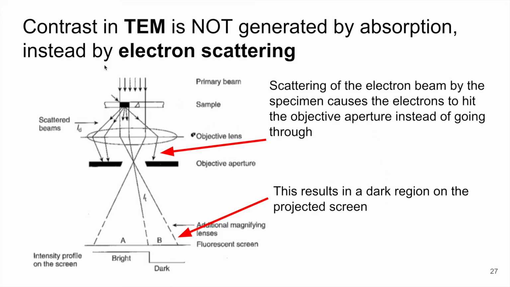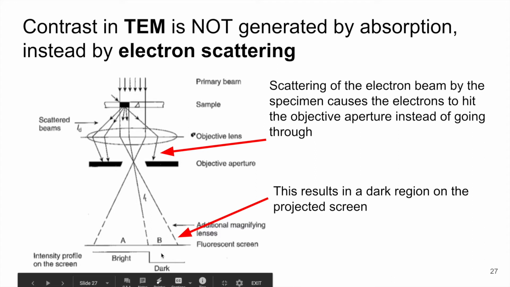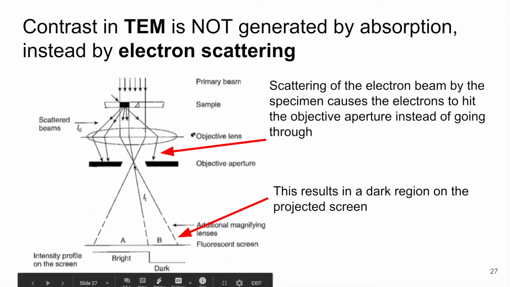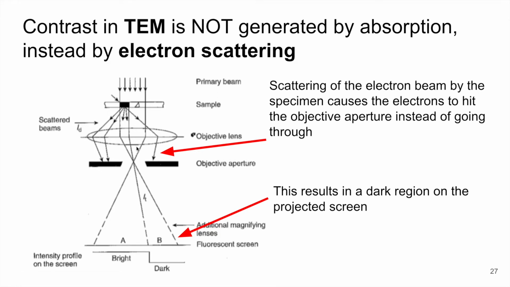So if we think about it from the schematic here, we have the primary beam and the sample that's transmitted through. It goes through the objective lens and onto that fluorescent screen that we talked about. Scattering of that beam by the specimen then causes electrons to deviate from the pathway that we see here. In this case, that scattered beam hits the aperture instead of passing through the opening.